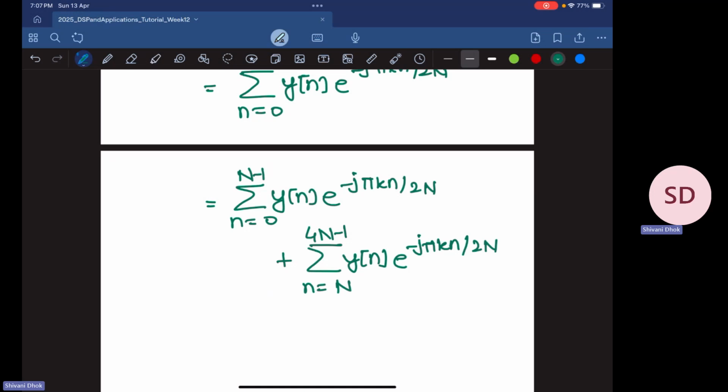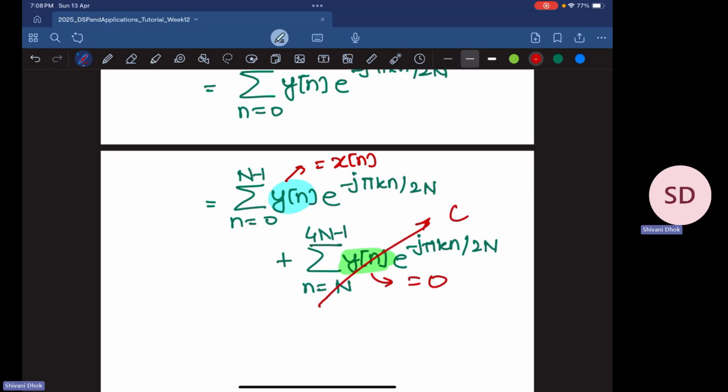Now in the region from 0 to N minus 1, y of n is equal to x of n, and in the second region y of n is equal to 0.